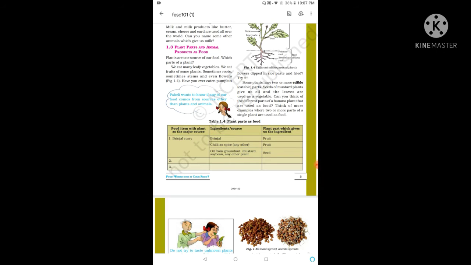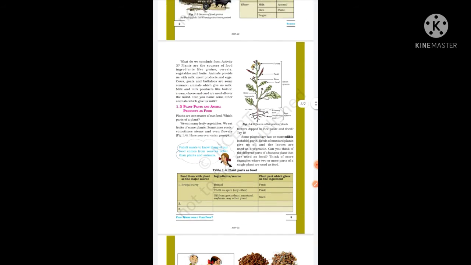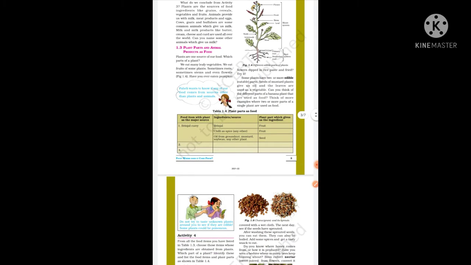See, I know science is difficult for you, so what I am thinking to do is from a book first I'll read, as I'm doing right now.